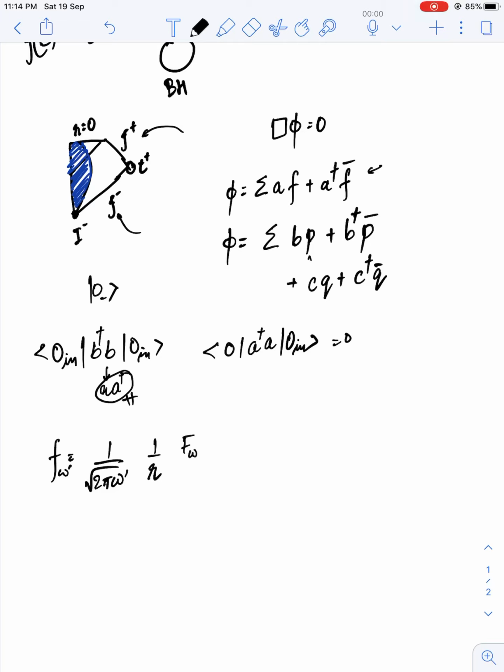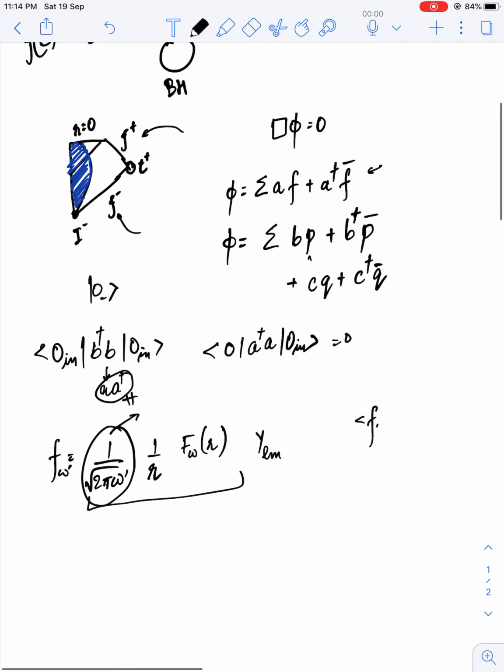We separate the equation of motion into angular and radial parts using spherical harmonics, so this part remains aside, and from this part we get some function. Now this part is due to the normalization condition.